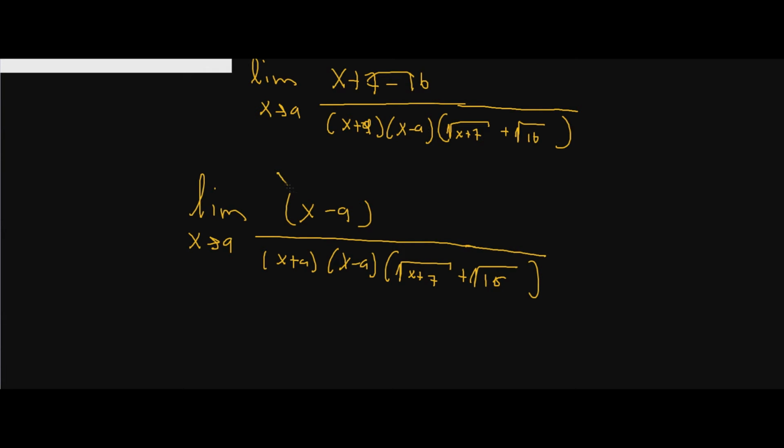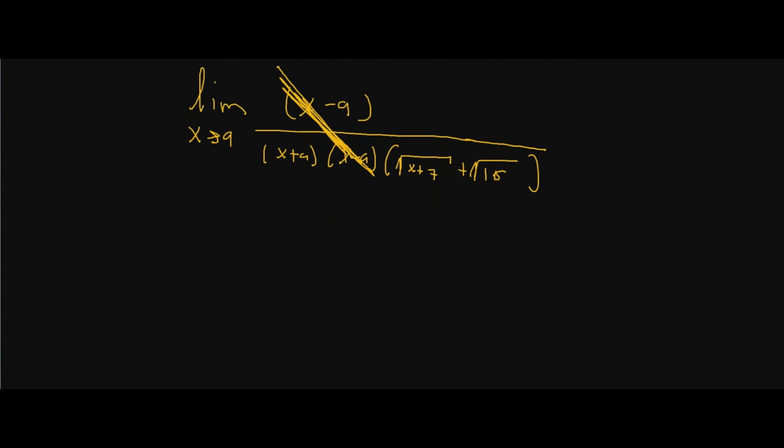Well, if you look, these factors are going to cancel out. And now that these cancel out, we can write it as the limit as x approaches 9 of 1 divided by x plus 9 and the square root of x plus 7 plus the square root of 16.